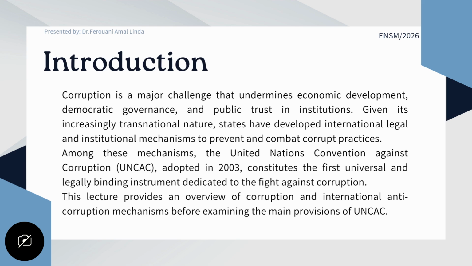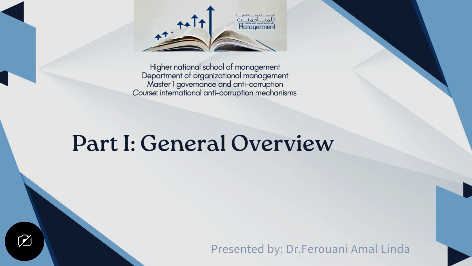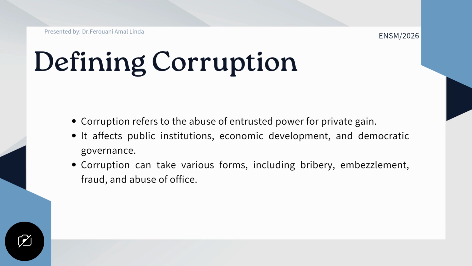Now, let us turn to the first part of this lecture, which is a general overview. In the general overview, it is mandatory to start by knowing what corruption is. Corruption may generally be defined as the abuse of entrusted power for private gain.